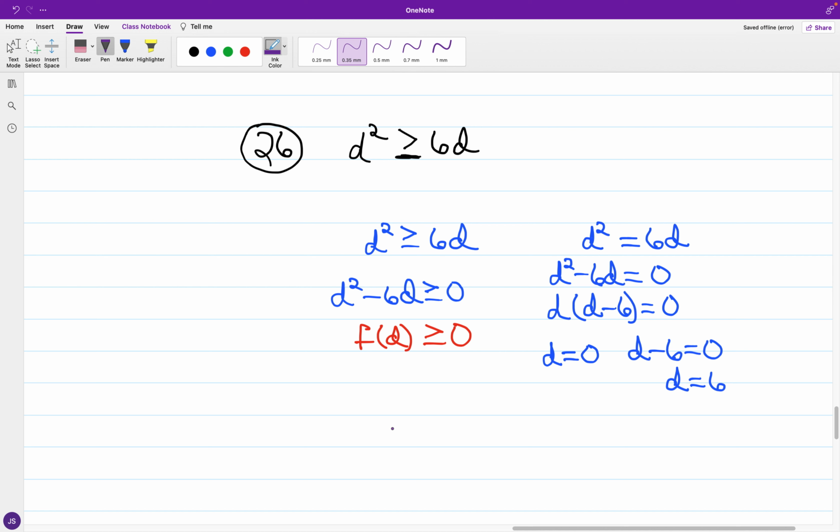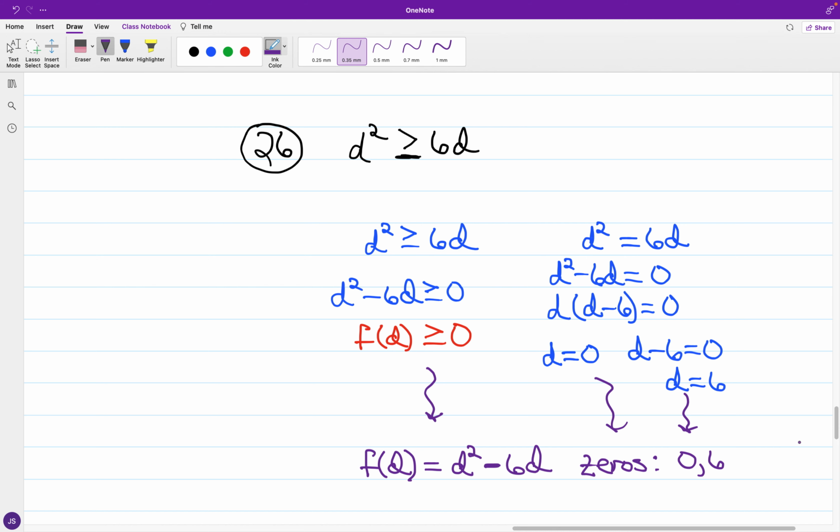We can write this as f of d is greater than or equal to 0, where f of d is equal to d squared minus 6 times d, and this function is going to have a couple of zeros, one of which we have at 0 and the other at 6.